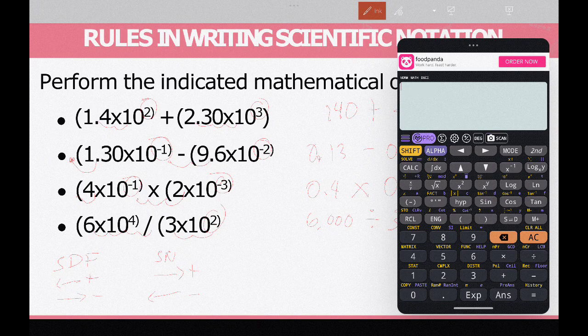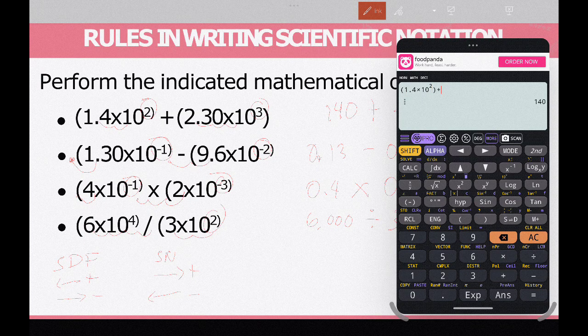Again, let's repeat this one. Open parenthesis, 1.4 multiply to 10, then use these integers. For the exponent, write 2, and then you close it. You close it like this.